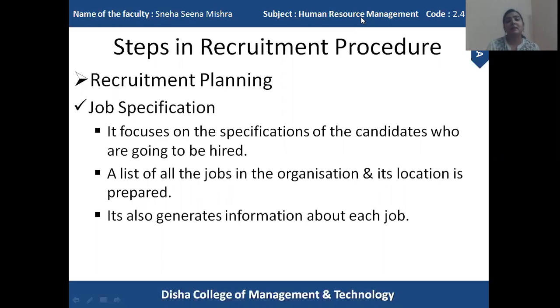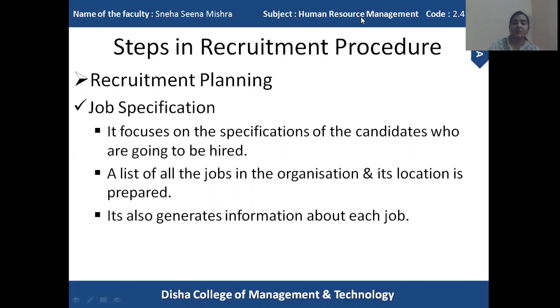After that only the organization can find out what qualities and skills are required in order to fulfill the requirement of each and every job. So they have to make a list of all the vacant positions, the position of each job in the organizational hierarchy, and they can also generate information about each and every job.